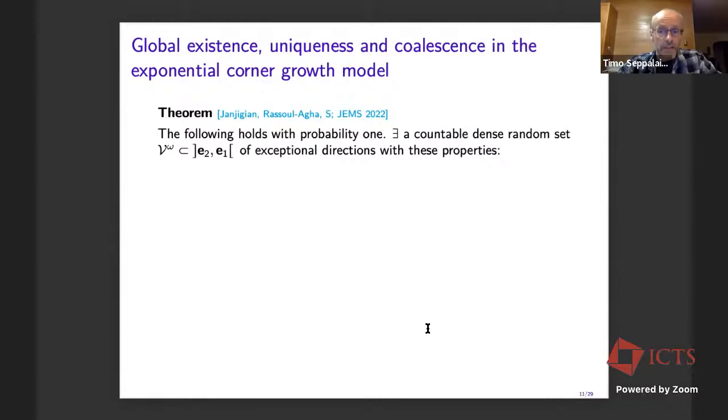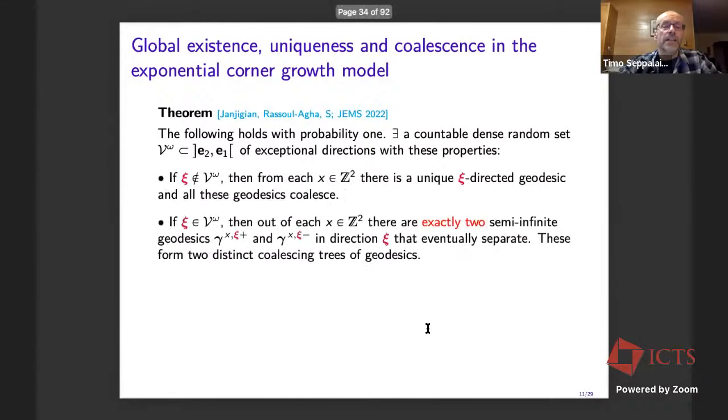There is the good set, and then there is the bad or the exceptional set. The exceptional set is a countable dense set, and it's random. And in the good directions, from every point, there's a unique geodesic, and all those coalesce. So in a good direction, there's a single coalescing tree of geodesics.